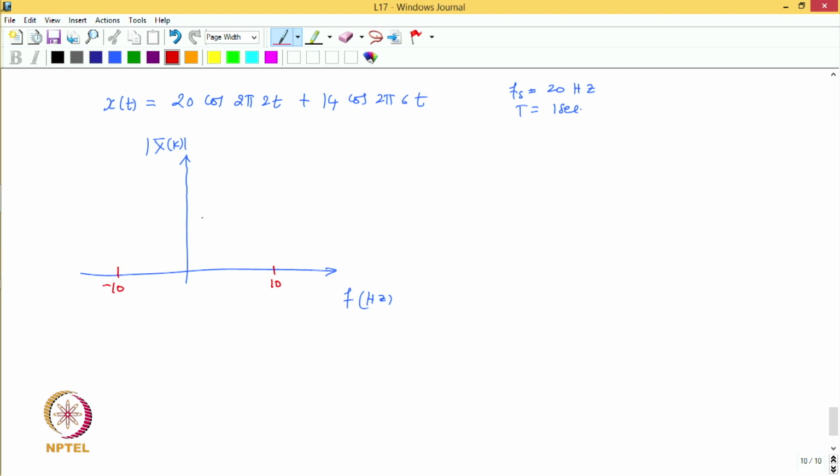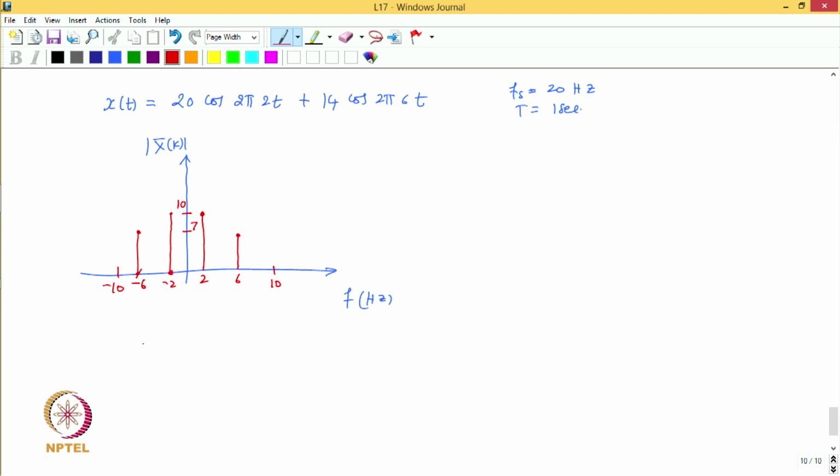We will have a frequency component at 2 hertz and also at minus 2 hertz of the same magnitude 10, and then a component at 6 hertz and also at minus 6 hertz, with strength 7.